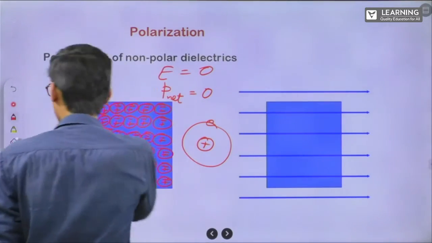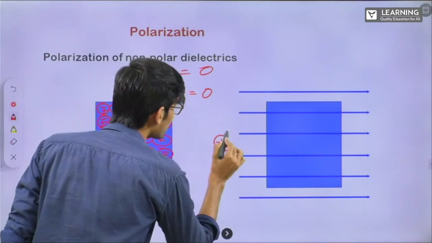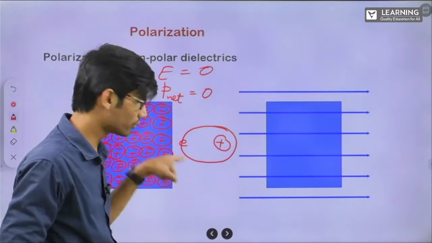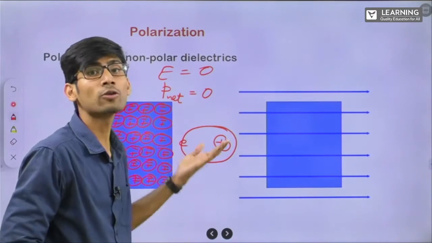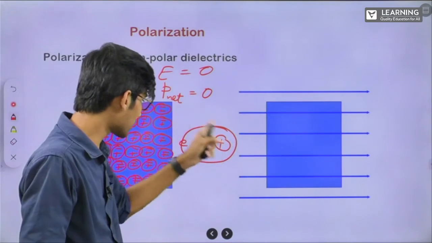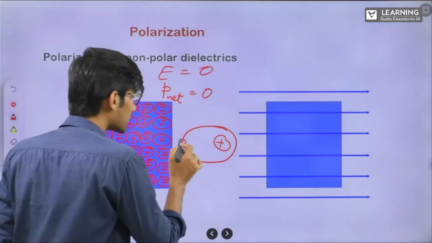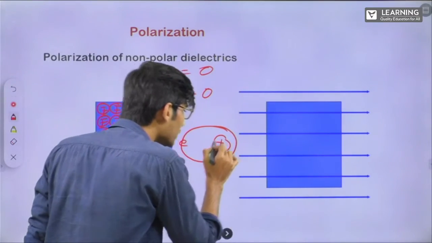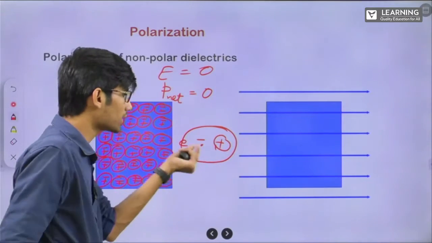That means this positive charge will move this side and this electron will move this side. Now the shape of the orbit of this electron is not circular. Because of which the center of the negative charge will not be here. For this positive charge, the center will be here. For this negative charge, the center will be somewhere here. Right? Now see, there is a difference.